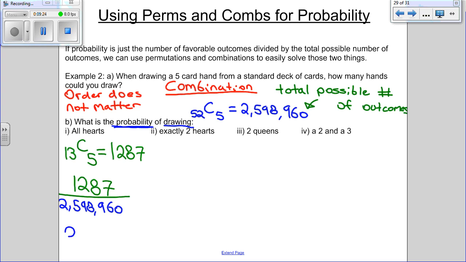How many zeros? I got 4.9. So it's times 10 to the power negative 4. So that'd be 0.0000 and then 4, 9 something.